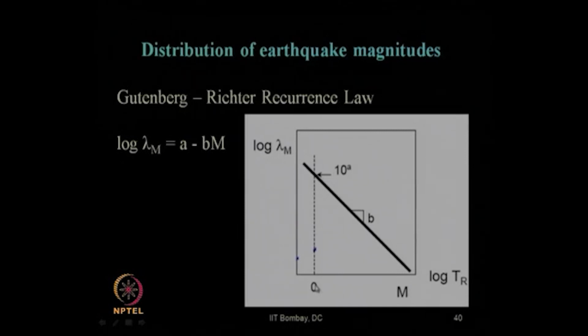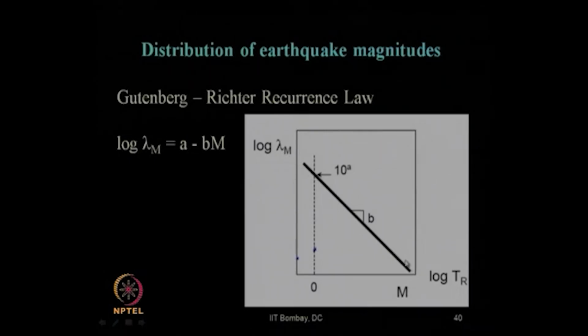What you can see here is the m value at 0, the magnitude at 0, because it is a normal scale, we can have a 0 value. What corresponds to this where the line reaches is nothing but the intercept, which we take as 10 to the power a, and the slope of this line is in a decreasing trend from here.